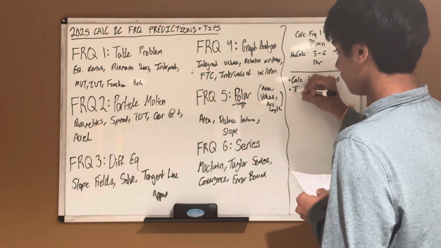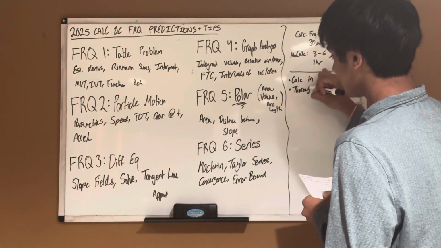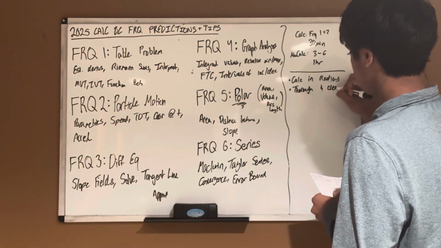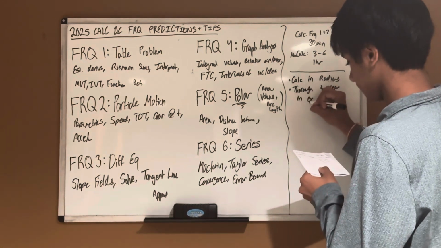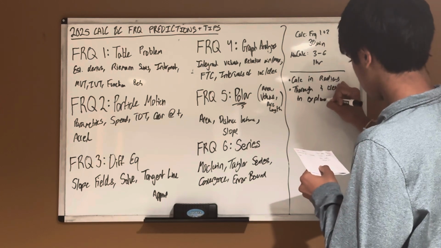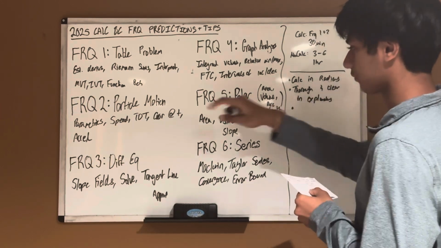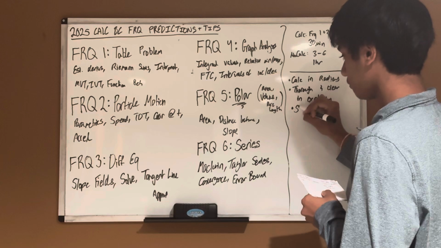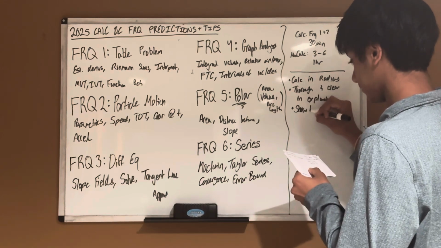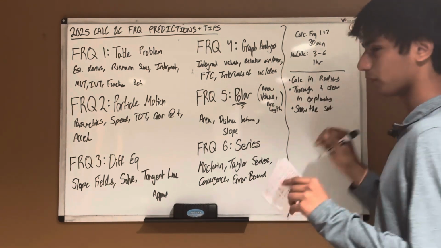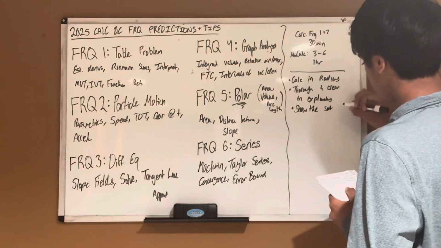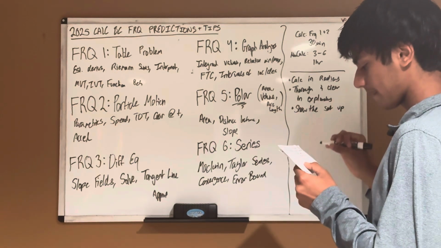Make sure you're thorough and clear in your explanations. If it's a calculator problem, like all these, make sure that you actually show the setup. You don't have to show the whole calculator string, just show the setup of the problem.